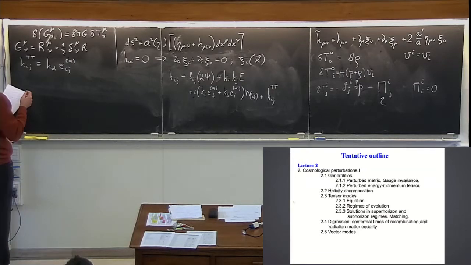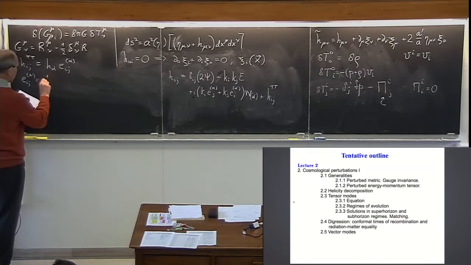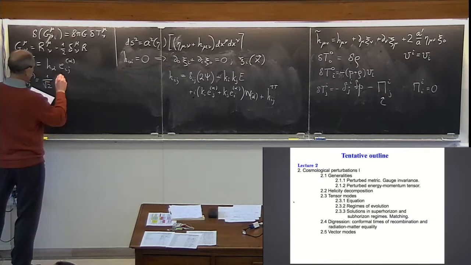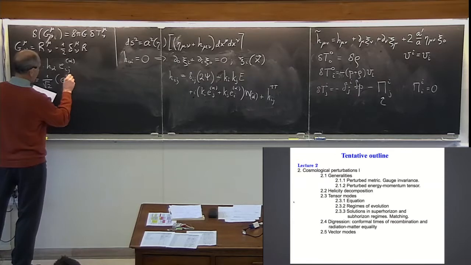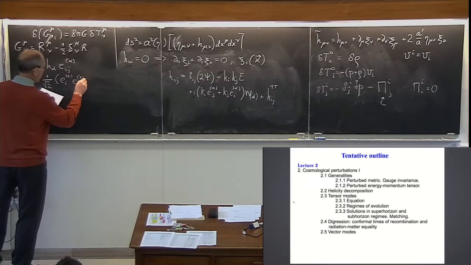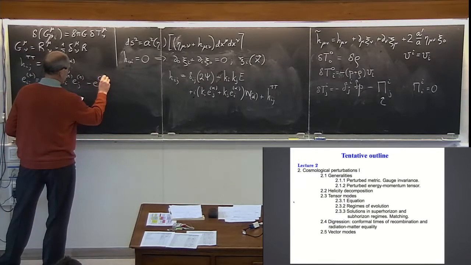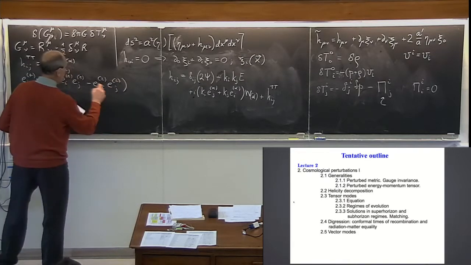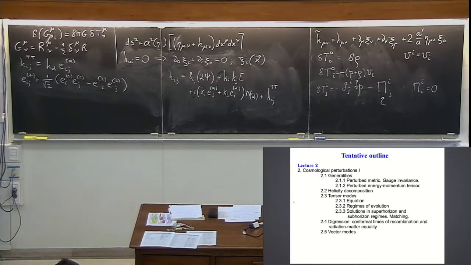And there are two of them. One is called e_ij^plus, and it can be constructed out of the photon polarization vectors like this: e^1_i e^1_j minus e^2_i e^2_j, where e^1 and e^2 are two transverse vectors, like photon polarization vectors.